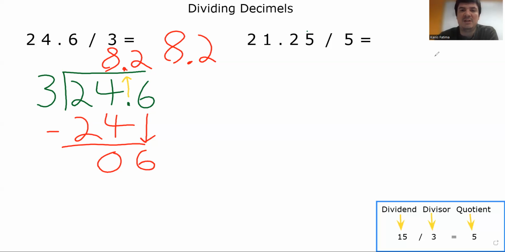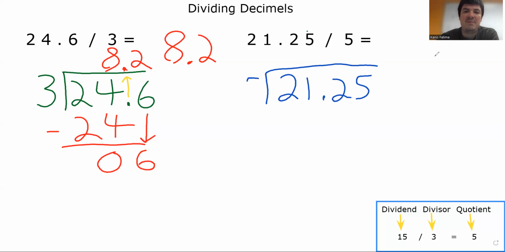Looking at the next equation, 21.25 divided by 5. Again, you don't need to move your decimal or change your numbers. Just make sure it's lined up in the correct spot.